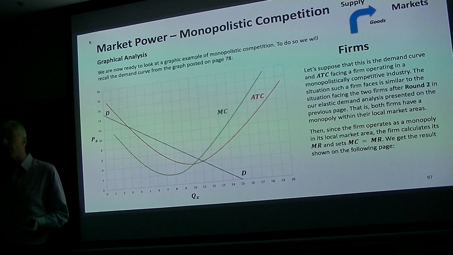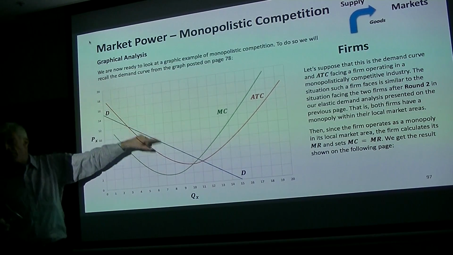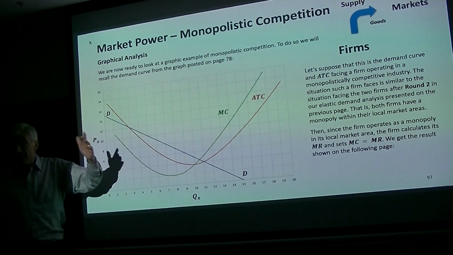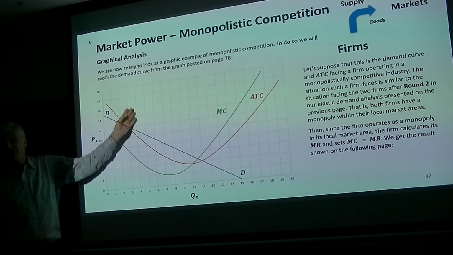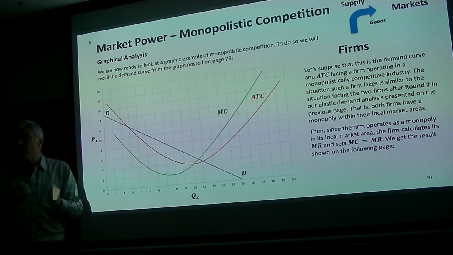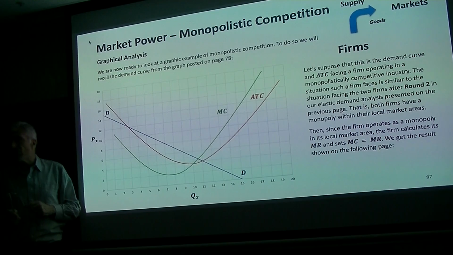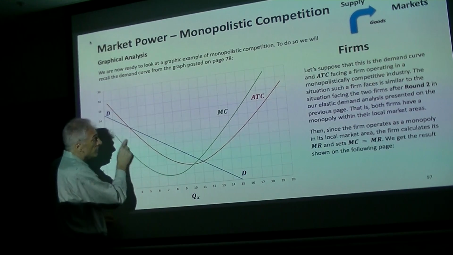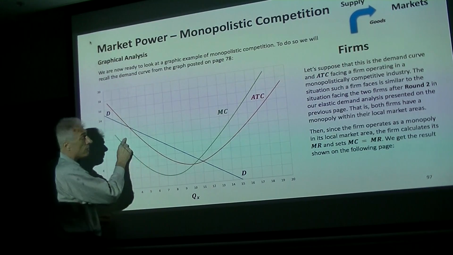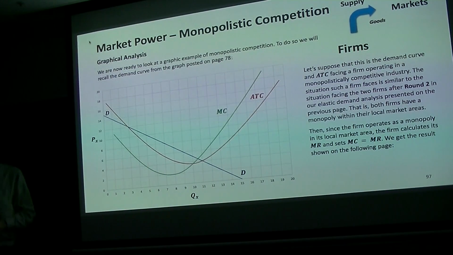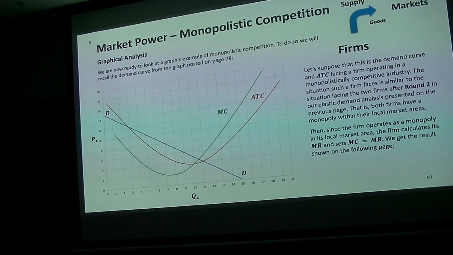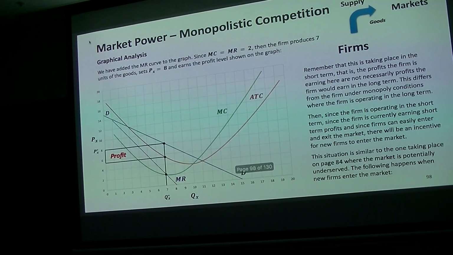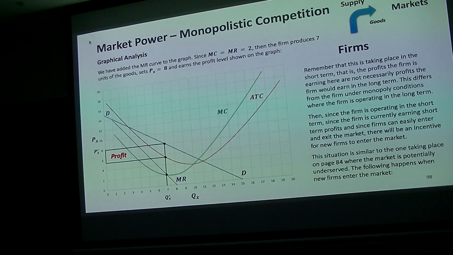With monopolistic competition, they have a monopoly in some limited area, but then firms can enter and squeeze out those profits. So if there is free entry, then firms are going to enter the market until all of that profit squeezes away. What that means is some type of market equilibrium. See, there's the profit here.